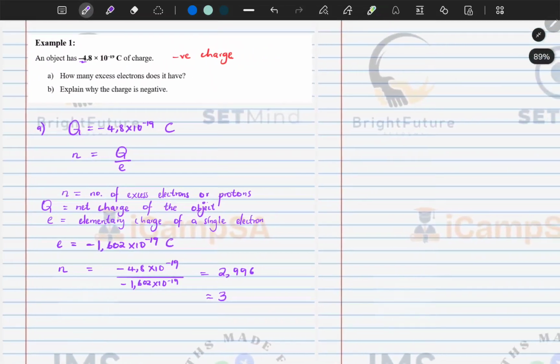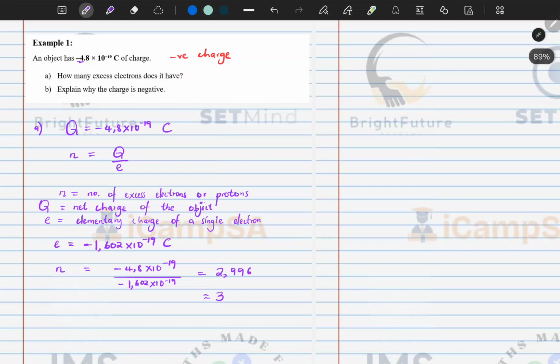So we can confidently say that this object has an excess of about 3 electrons. N represents the number of those excess electrons or protons.